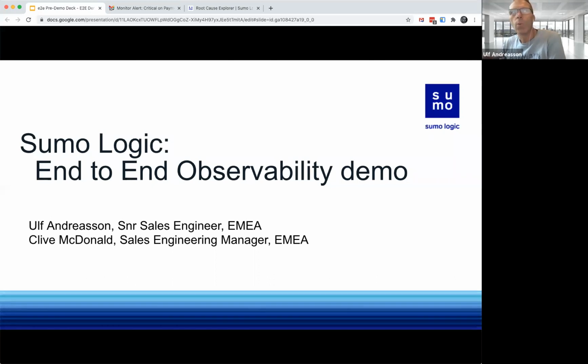We really want to show you how you can use Sumo Logic to have a holistic view, but still be able to get into the details and pivot between the different data sources, whether it's logs, metrics, or traces.